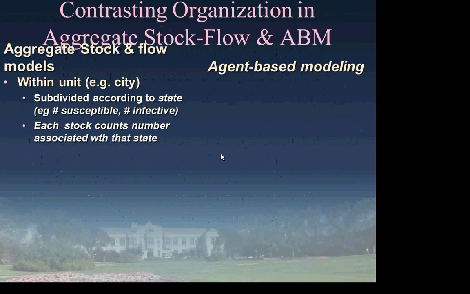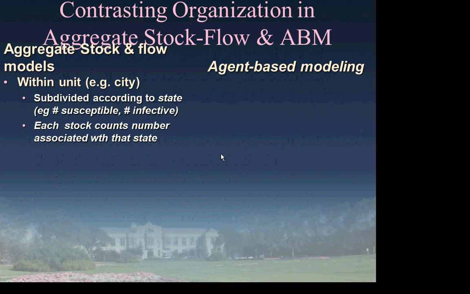We subdivide the population according to state, and then the data we collect for each of those subunits, each of the subcategories of state, is a count associated with the number of people with that state, right? Or with that characteristic. This state should really be properties and state, characteristics and state.